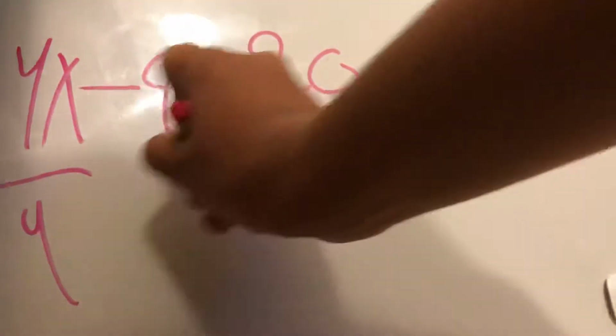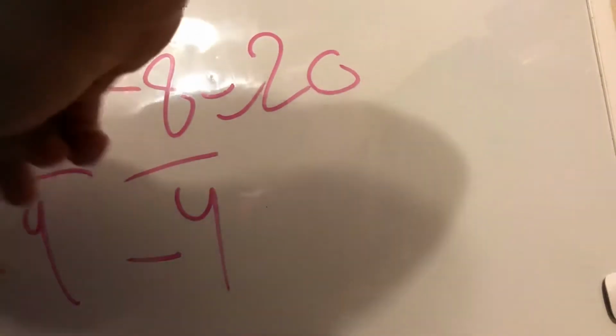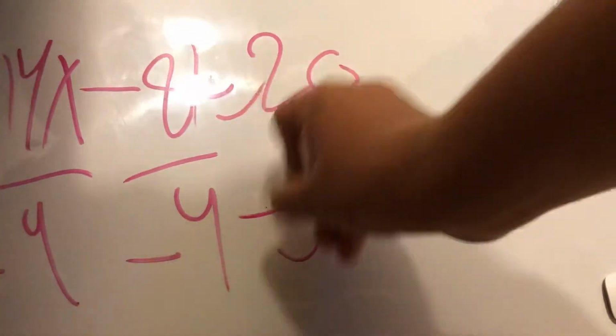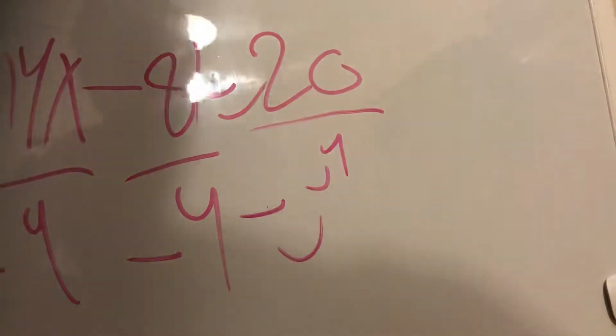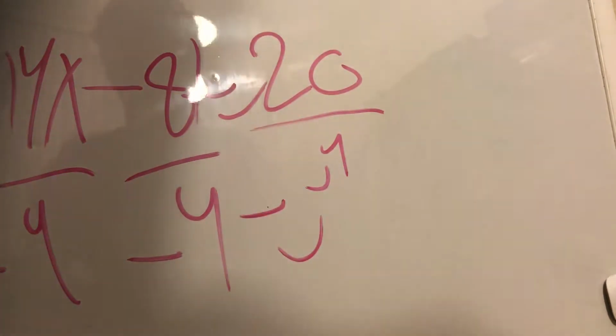Actually -20, sorry, -20, because in negative, if you have these two lines, it's gonna change to positive. And this one, -20 divided by 4, is gonna be -5.